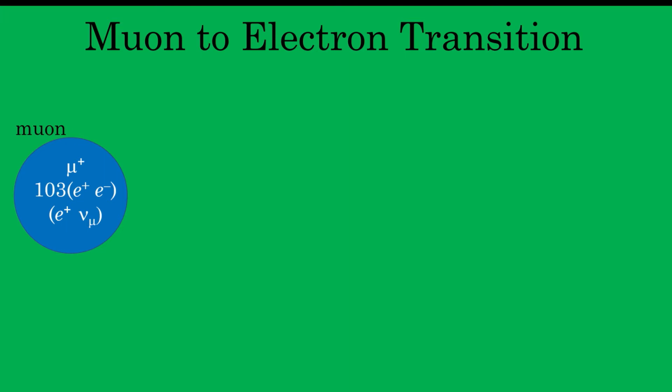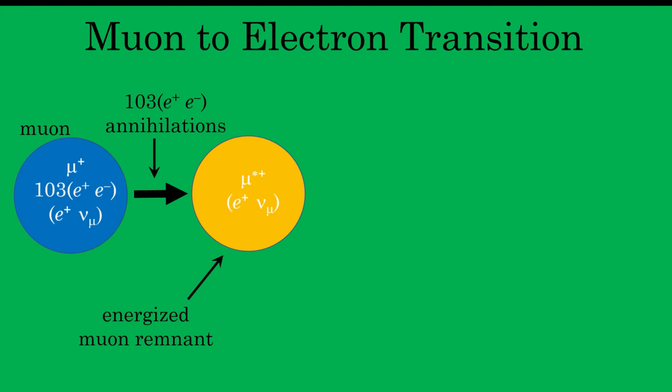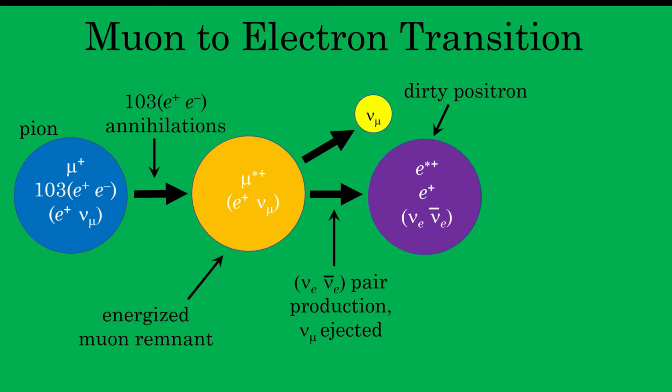As is the case with the pion, after 33 of its electron-positron pairs have annihilated, after the muon's 103 electron-positron pairs annihilate, the valence electron or positron is in the presence of a large amount of energy. This pairing of annihilation energy and valence particle is apparently the recipe for creating neutrino-antineutrino pairs. An electron-neutrino-antineutrino pair forms that forces the muon neutrino out.